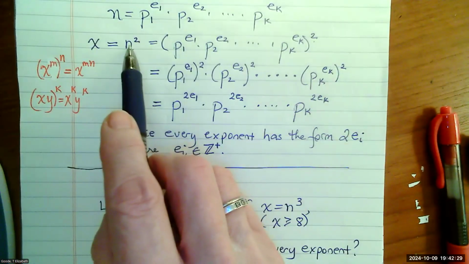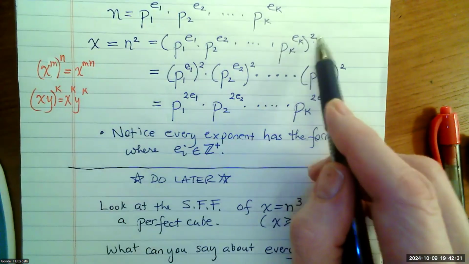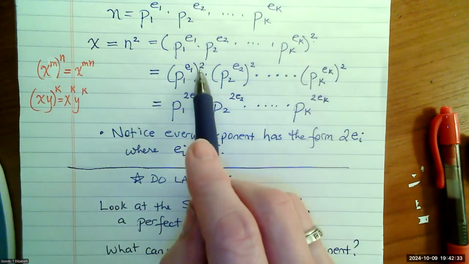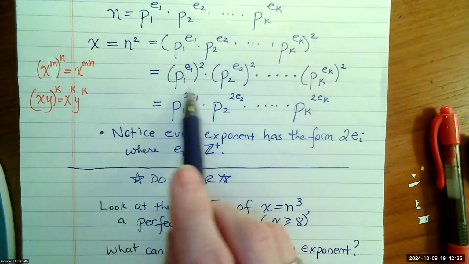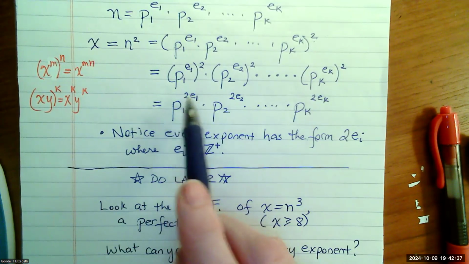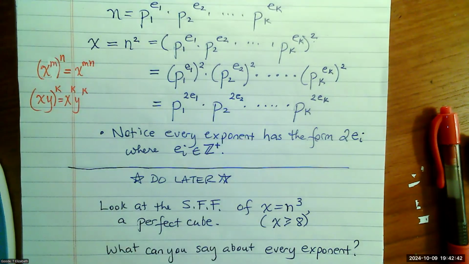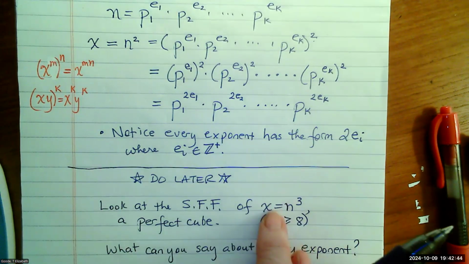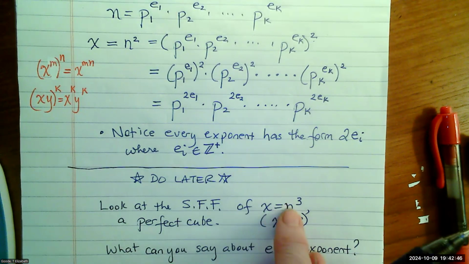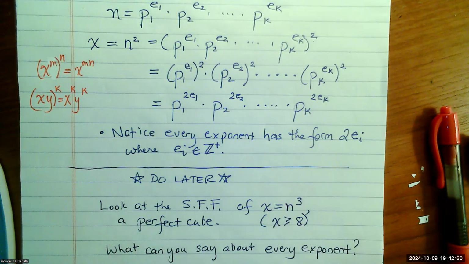Because it's going to be n cubed. So this 2 is going to be a 3 that's going to get distributed. And each of these exponents is going to look like 3 times an integer, right? And you can play this game ad infinitum. If x is a perfect quartic, equal to n to the 4th, then every exponent in the standard factored form of x would have a factor of 4 in it, and so on and so forth.